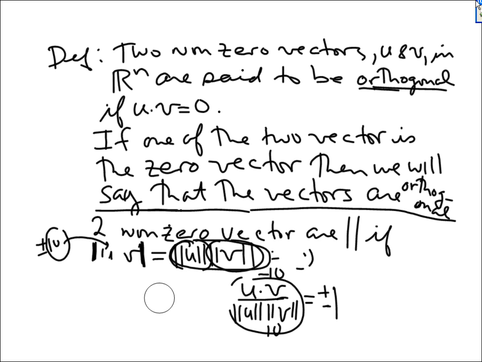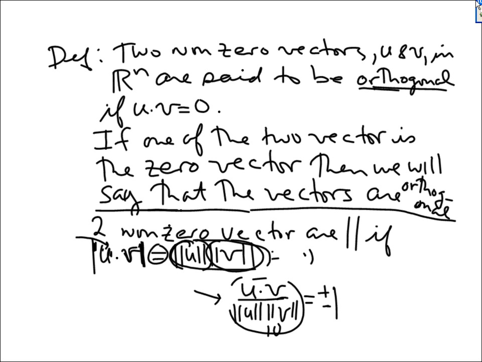Now, if this equality holds with the absolute values there, then that means that this quantity is plus or minus 1.